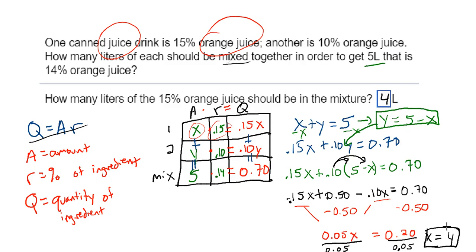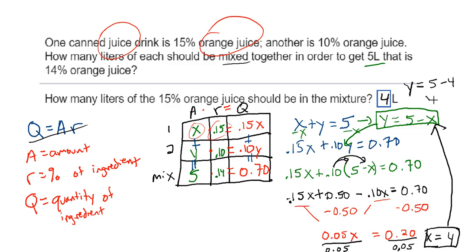And just like what we always do for a system of equations, once you find one of the variables, you plug it back into one of the original equations to find the value of the other variable. So I'm going to plug it in here, and I'll get y is equal to 5 minus 4, right? Because x is equal to 4. Let's try that again.